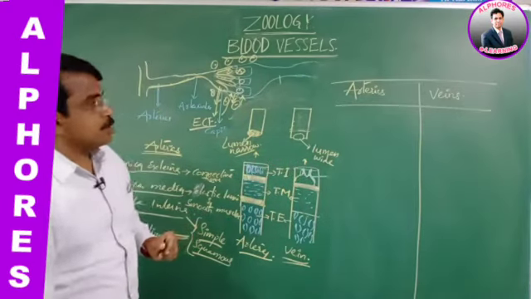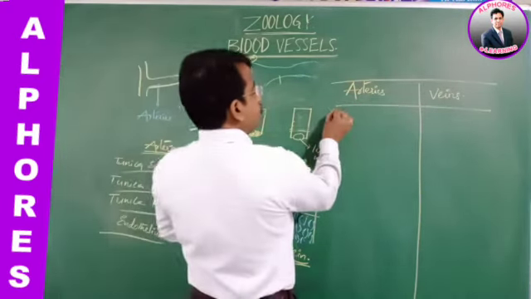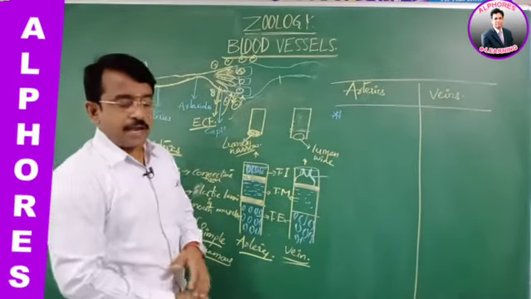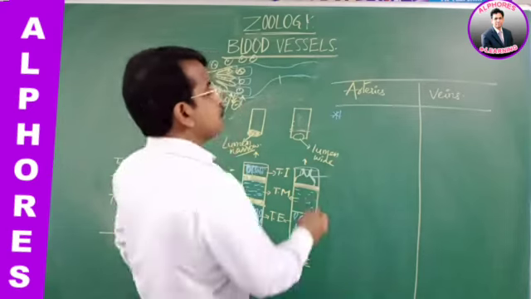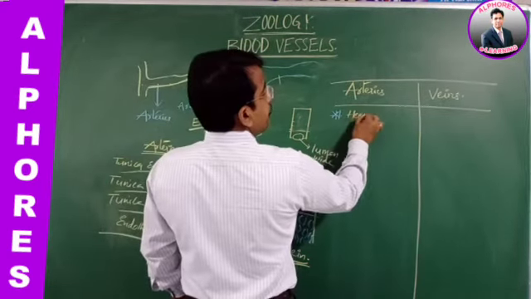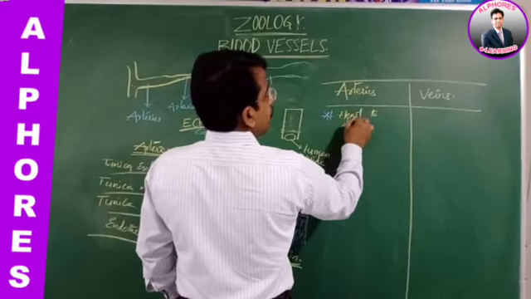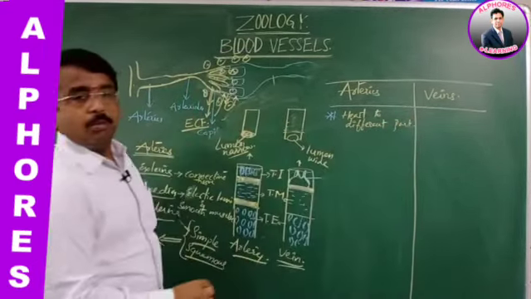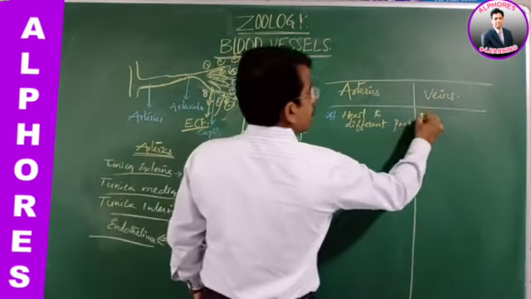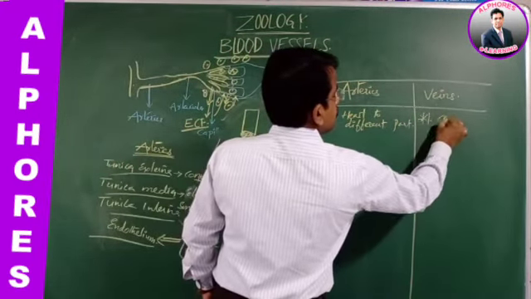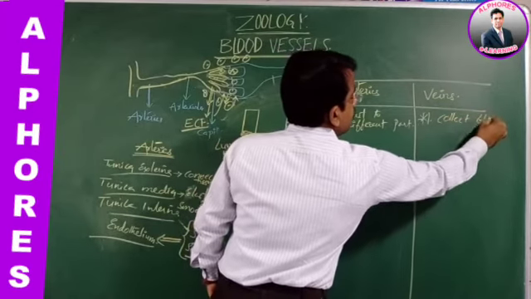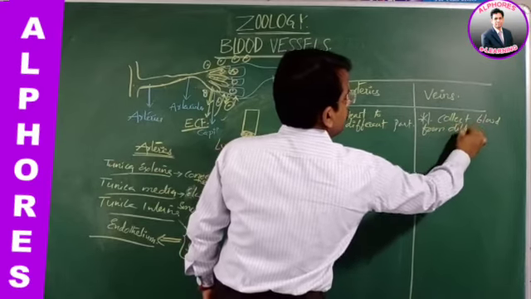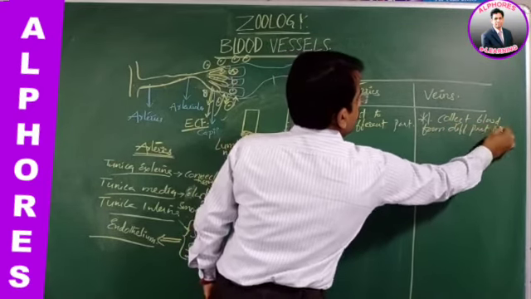In the case of arteries and veins, the differences, if we go to the discussion: arteries are the blood vessels that carry the blood from the heart to different parts of the body, whereas veins collect the blood from different parts to the heart.